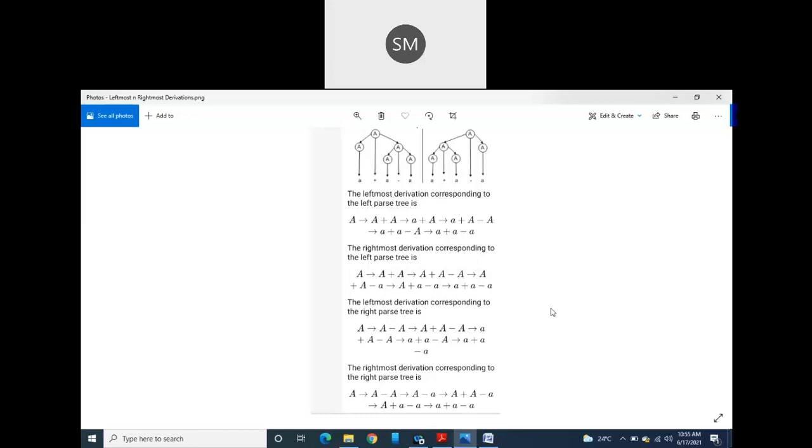So now you understood what the leftmost derivation and the rightmost derivation are. Guys, just remember leftmost derivation is nothing but keep on replacing the leftmost non-terminal by the terminals, and the rightmost derivation is the replacement of the rightmost non-terminal by the terminals. Clear? So just understand this one because it is very, very important.